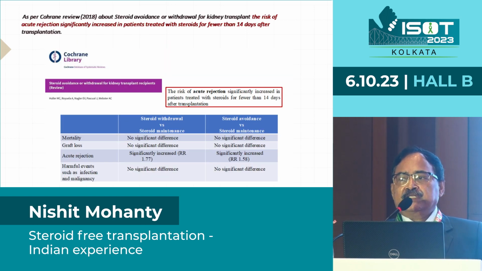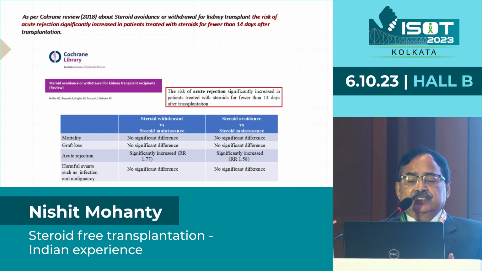This is one review I am mentioning, published in Cochrane in 2018. They compared steroid withdrawal versus steroid maintenance, and steroid avoidance versus steroid maintenance. They found that if we compare mortality, graft loss and harmful events, there is no statistical difference.